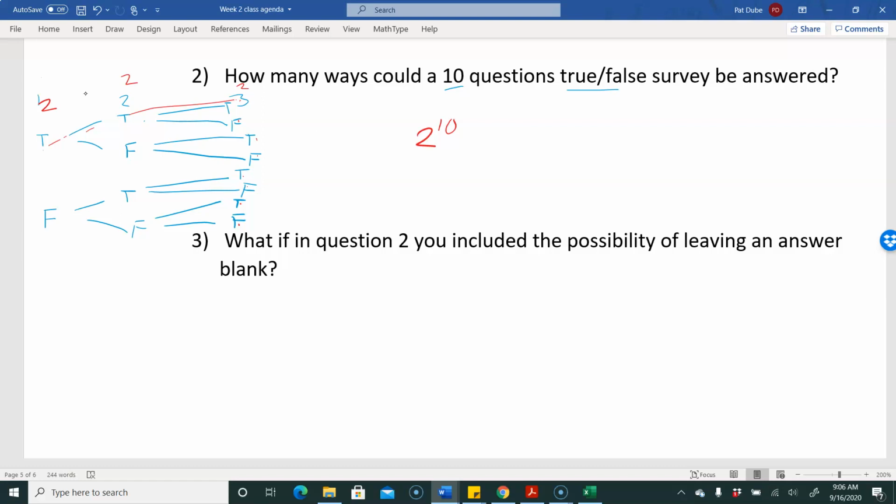So if you're thinking you're just going to guess at a 10-question test, the chances of doing well are pretty slim because there are 2 to the 10th possibilities, and you're only going to pick one set of those possibilities. So that is 1,024 when you multiply that out. That's a lot of possibilities.